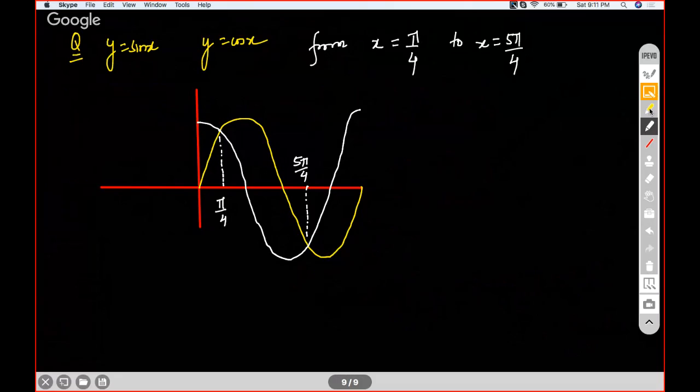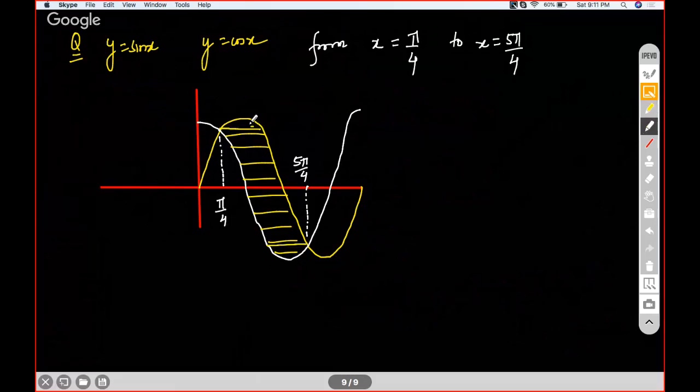That means I am interested in this area. Of course, if I take vertical strips, that would be helpful. Horizontal strips will not work because from here to here I have to divide something else, and down I have to divide something else. So vertical strips would be the best.